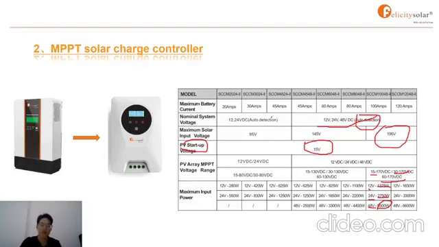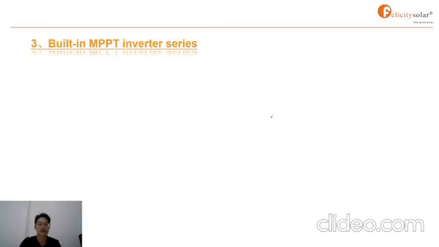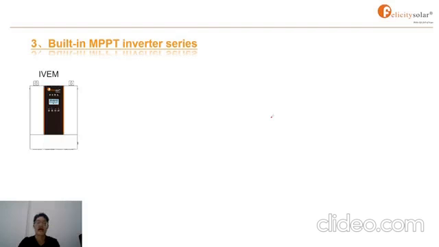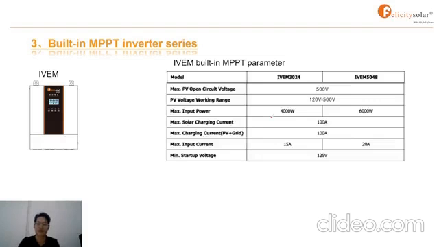So next, we're going to talk about the Felicity Solar built-in MPPT inverter series. The first one is the IVM, our high frequency inverter. Because the high frequency inverter has the built-in MPPT, let's talk about it. You can see the data. Let's take the IVM 5048 for instance.